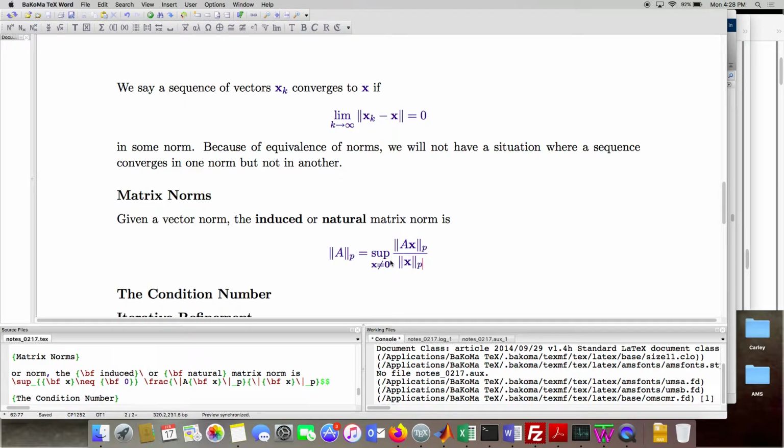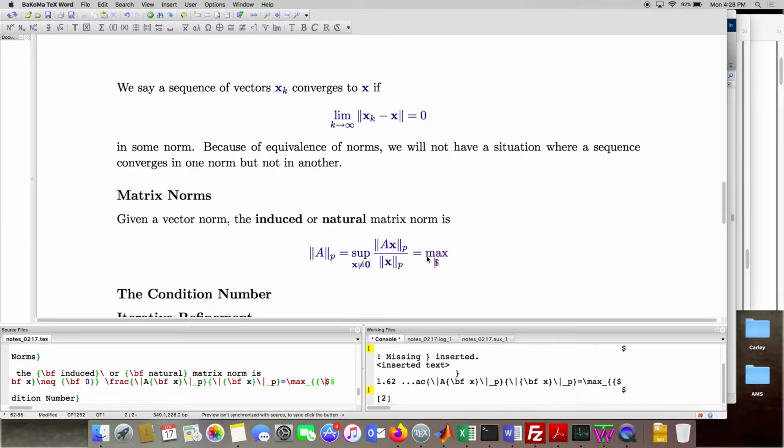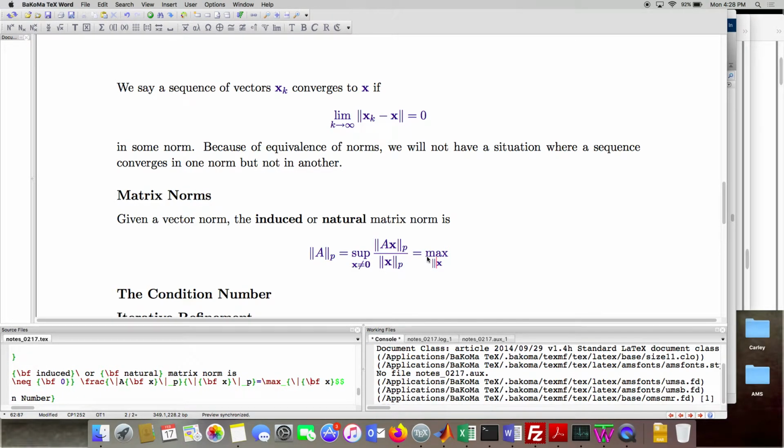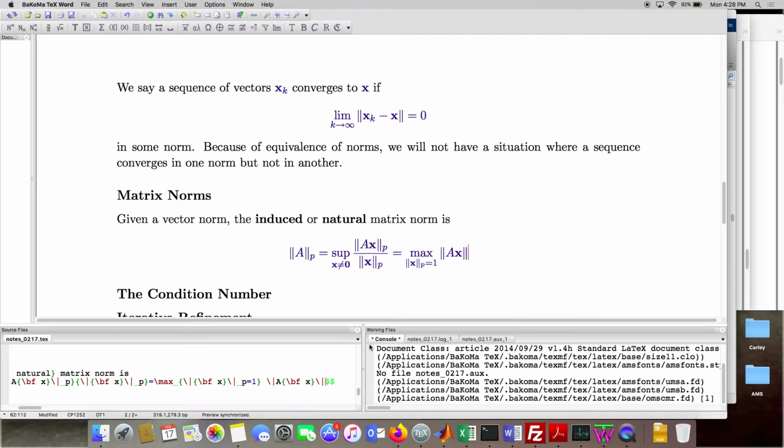So essentially, it's the largest that this ratio can get. Another definition that might be easier to work with is the maximum over all vectors in space of unit length, unit magnitude, the norm of 1. And in that case, you just have ||Ax||.